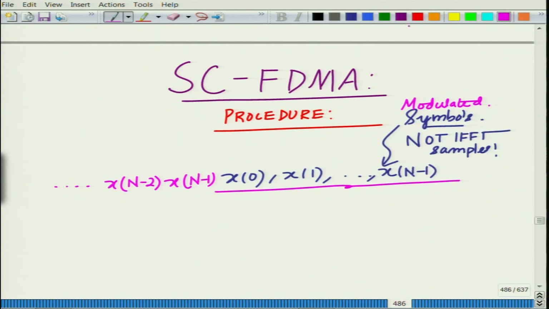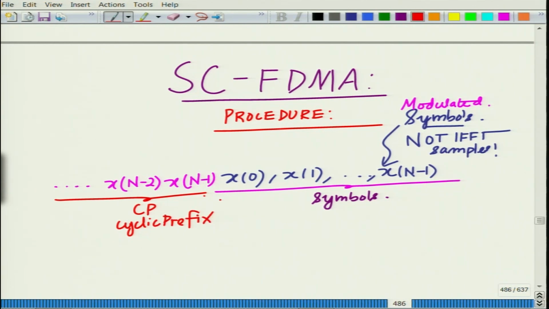Remember this is making the whole symbol look cyclic, as if it is a periodic signal.